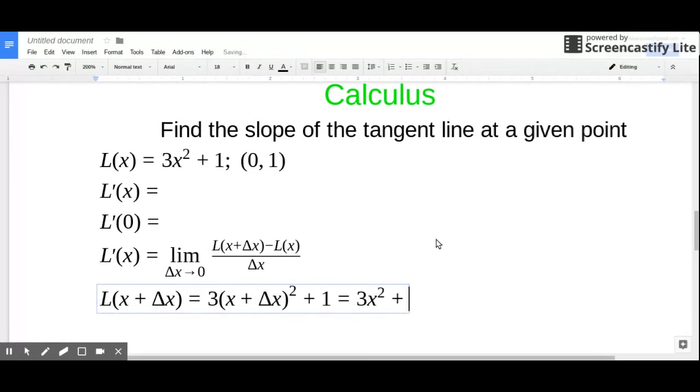The next term would be 2x delta x, and then that 2 times 3 is 6, so 6x delta x. Hopefully you're able to keep up with me on this, and hopefully I don't make any mistakes. And then we have plus 3. So that takes care of that piece right there.